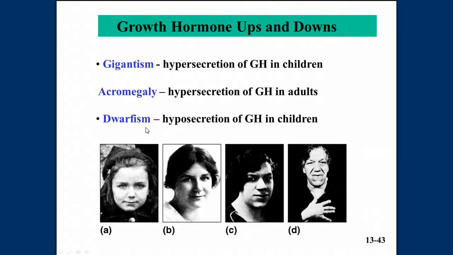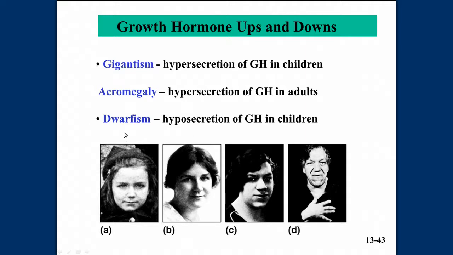Now, if a child is not growing, that's why usually a child is taken to a pediatrician. The pediatrician, during their childhood, hopefully having checkups, will check their weight and their height and compare it to other children. And if they are not growing like they should, then there can be some additional medication added to the child's regimen, a growth hormone, and this may take care of the problem.